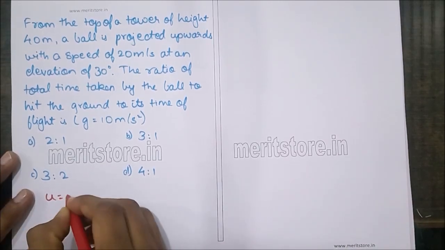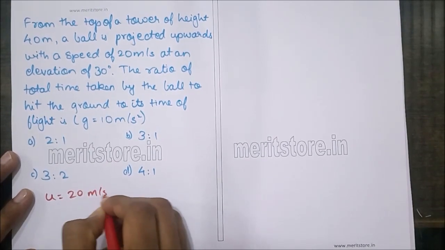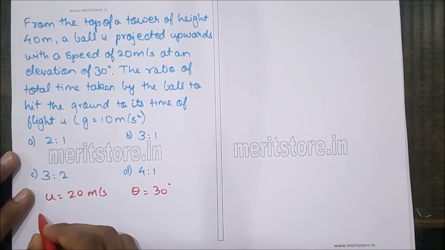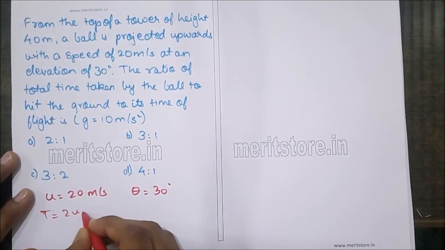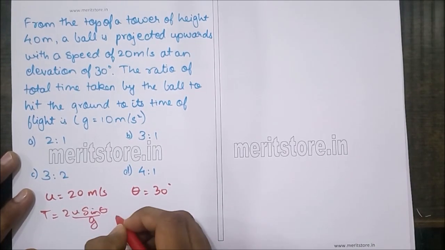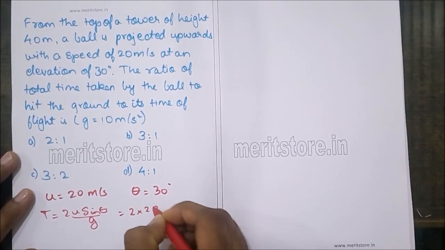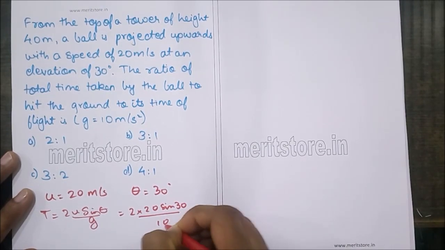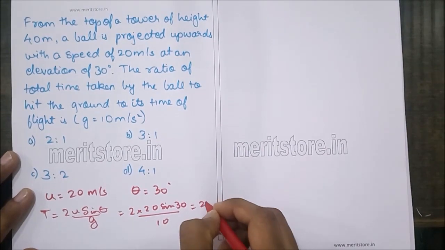Here the initial velocity is 20 meters per second and the angle of projection is 30 degrees. The formula for time of flight T is equal to 2u sine theta upon g, which is 2 times 20 sine 30 upon g, taking g as 10, is equal to 2 seconds.